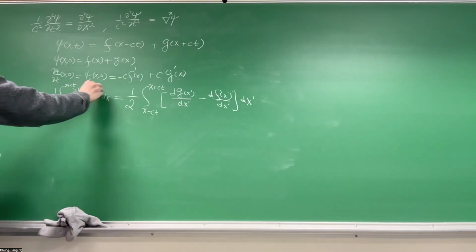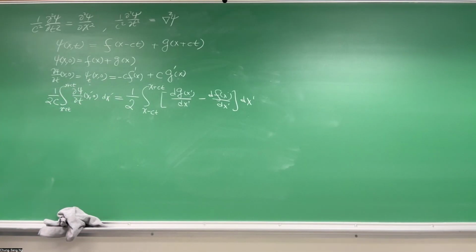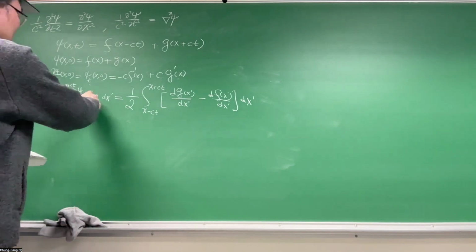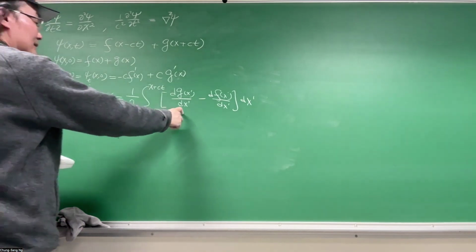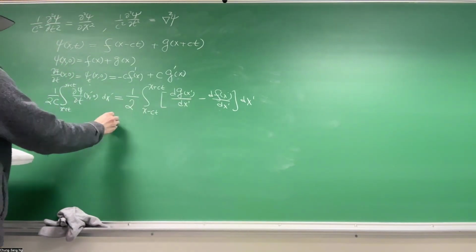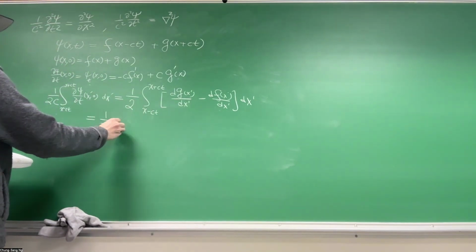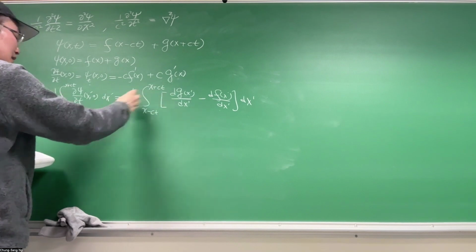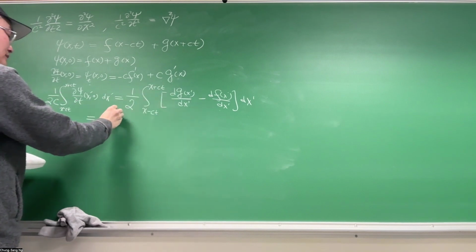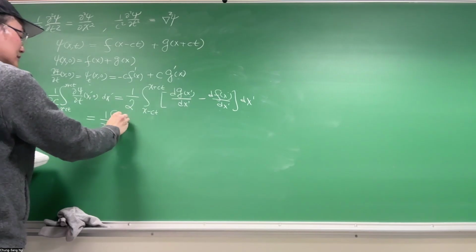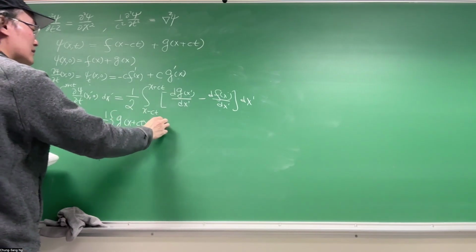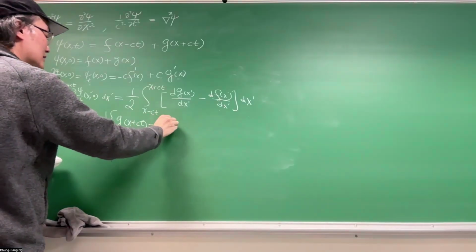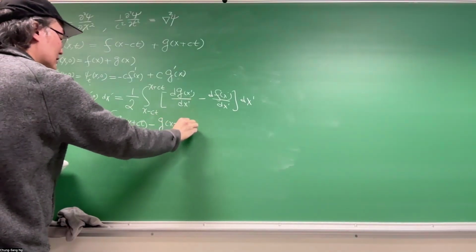At first we change that to x prime, because we have another x, so to avoid confusion you just change the variable to a different variable, right? And then you use how you do integration of a total derivative. So that will give you g at x plus ct minus g at x minus ct, right?